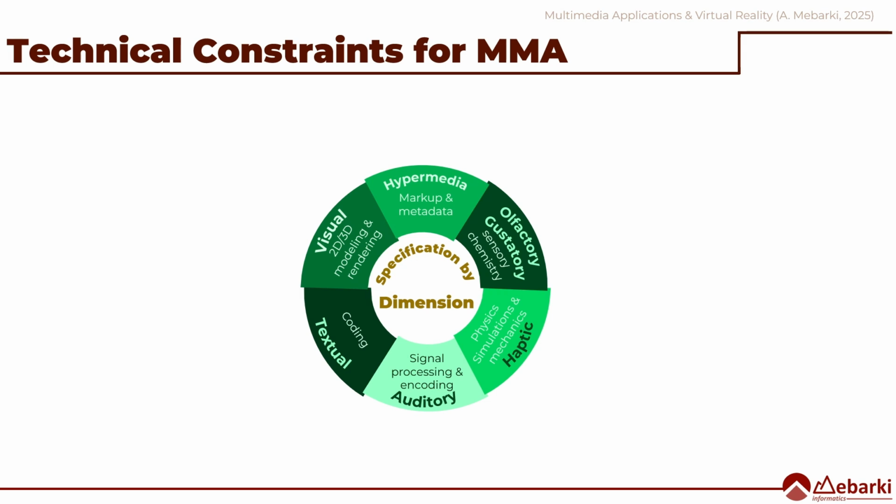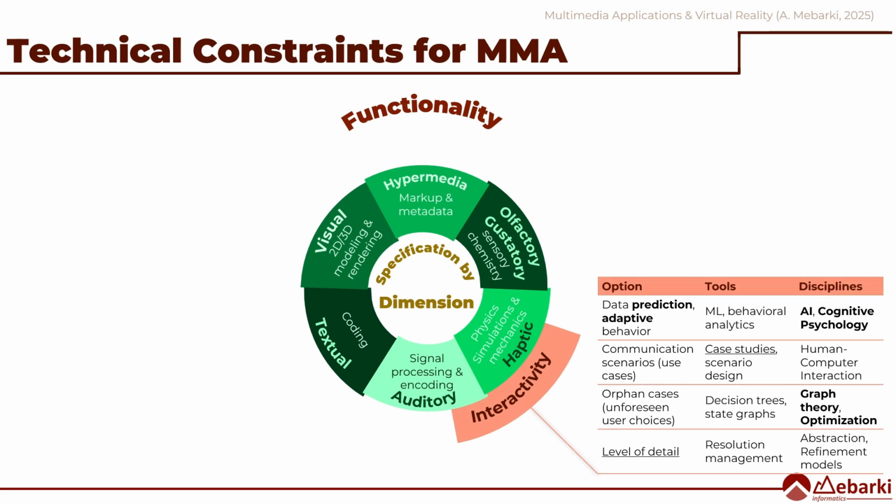Beyond representation, these systems must also be defined by their functional specifications, how they behave, communicate, and react to users. Interactivity lies at the core of this functionality. Systems often rely on artificial intelligence and cognitive psychology to anticipate user behavior, adapt content dynamically, and respond to unexpected actions.